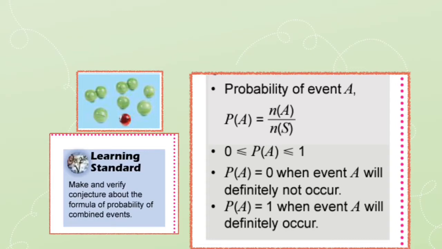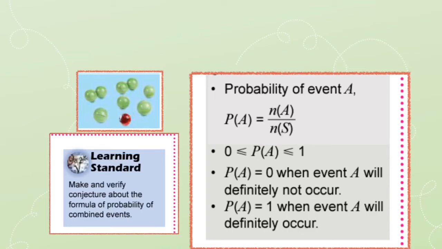It cannot be more than 1, and cannot be negative. For probability of event A equal to 0, it means that event A will definitely not occur. For probability of event A equal to 1, it means that event A will definitely occur.